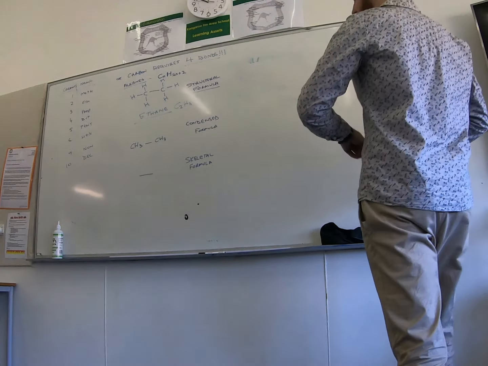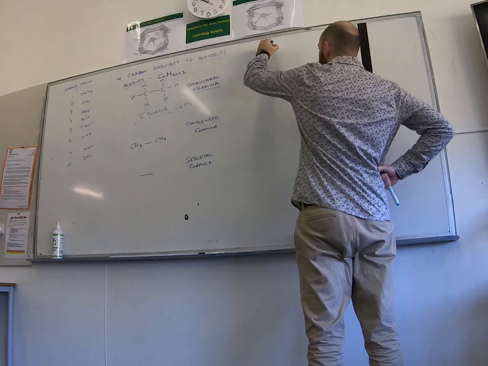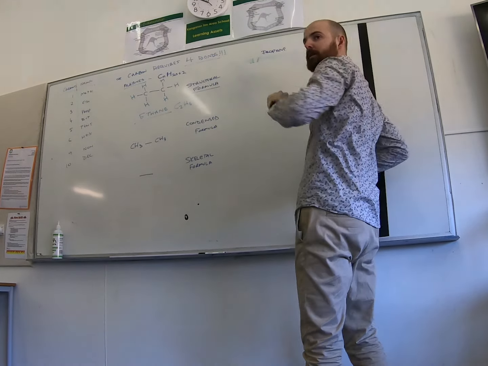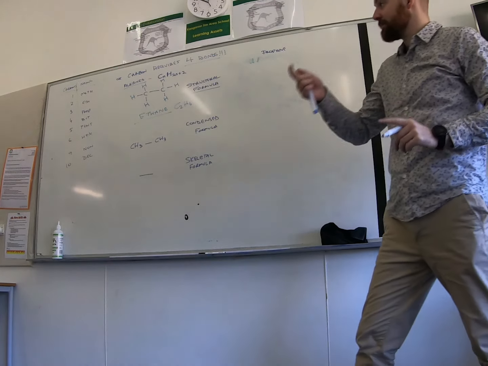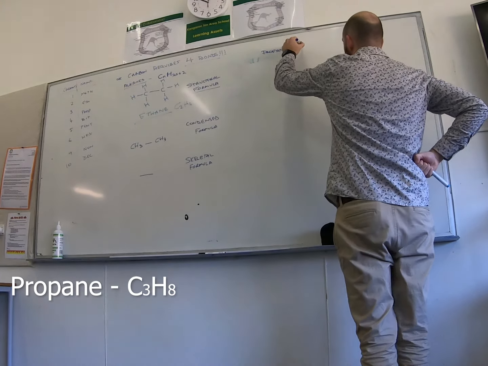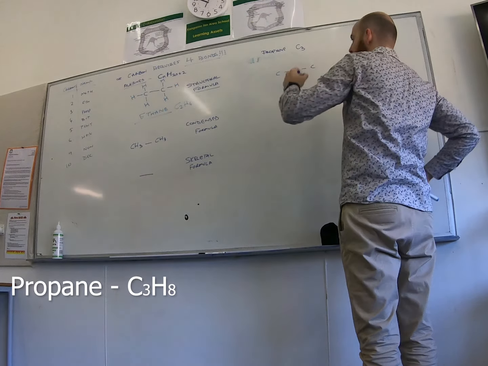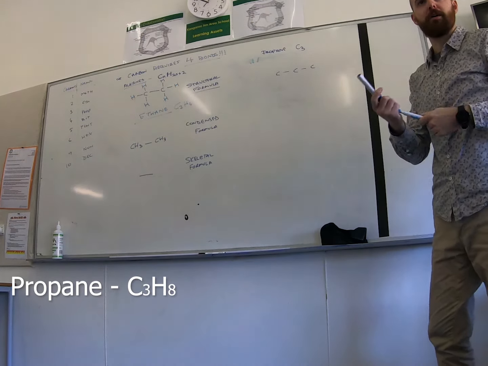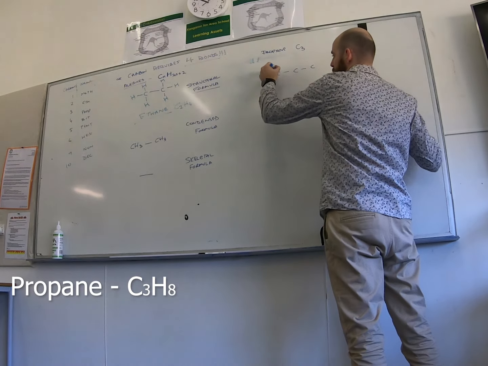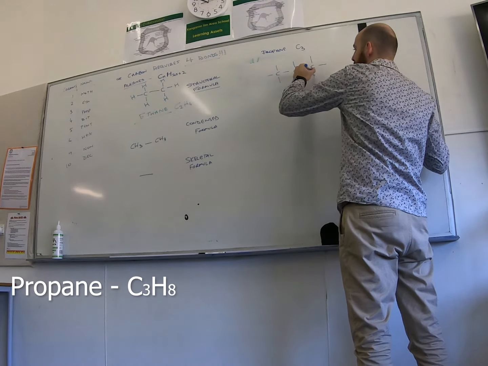So if we up it and we go to the next chemical, propane. Propane's C3, right? 3 carbons. So we draw 3 carbons for our first structure. And then we're going to fill the hydrogens in around those carbons. 1, 2, 3, 4, 5, 6, 7, 8, like that.